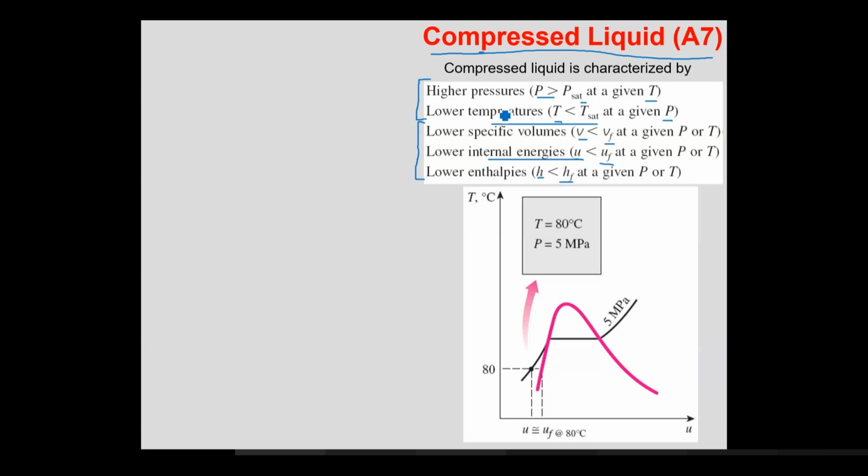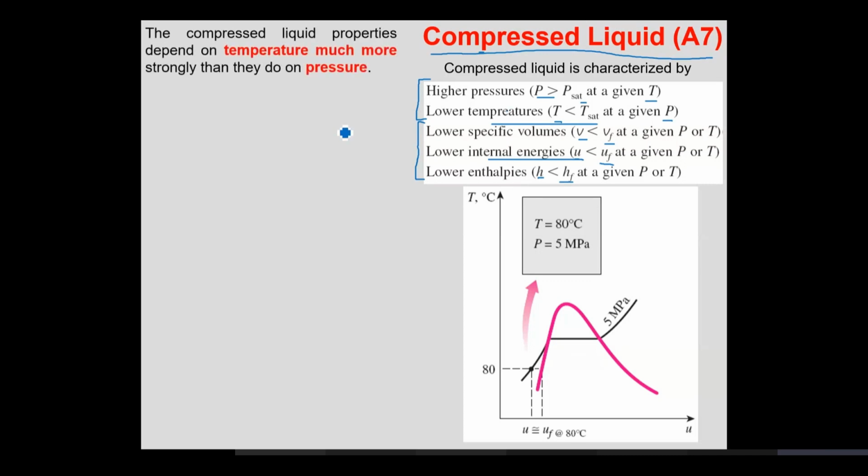Yes, sir. All right. Now, for compressed liquid, normally the tables are not that extensive, and you normally approximate the values of the compressed liquid system. The reason is that for compressed liquid, properties are much more dependent on temperature than on pressure itself.